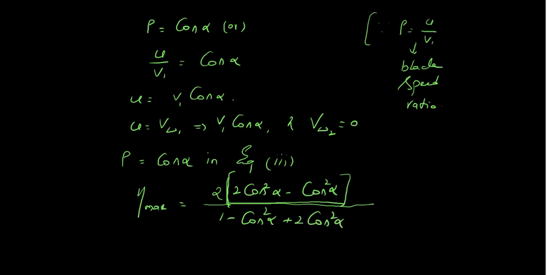I am trying to simplify this expression. If I open the brackets and simplify it, automatically I will come up with an expression 2 cos square alpha divided by 1 plus cos square alpha. Right?